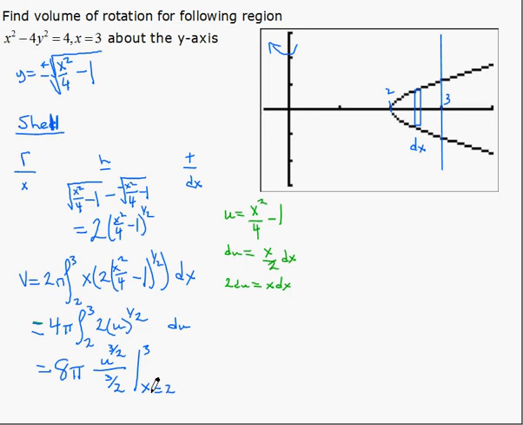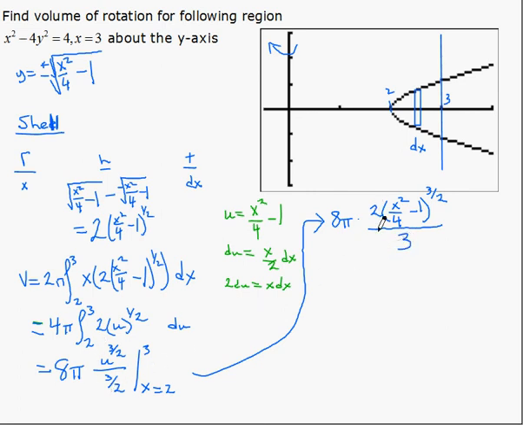The reason I emphasize x equals 2 is we don't want to substitute in for u here. This is x values. We need to put back in our x value before we can substitute. So if we continue over here, this becomes 8 pi times 2 x squared over 4 minus 1 to the 3 over 2 over 3.